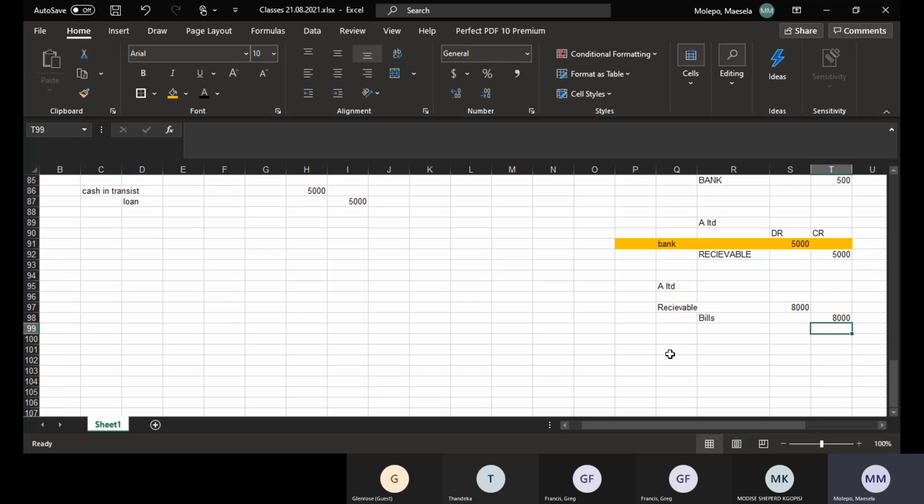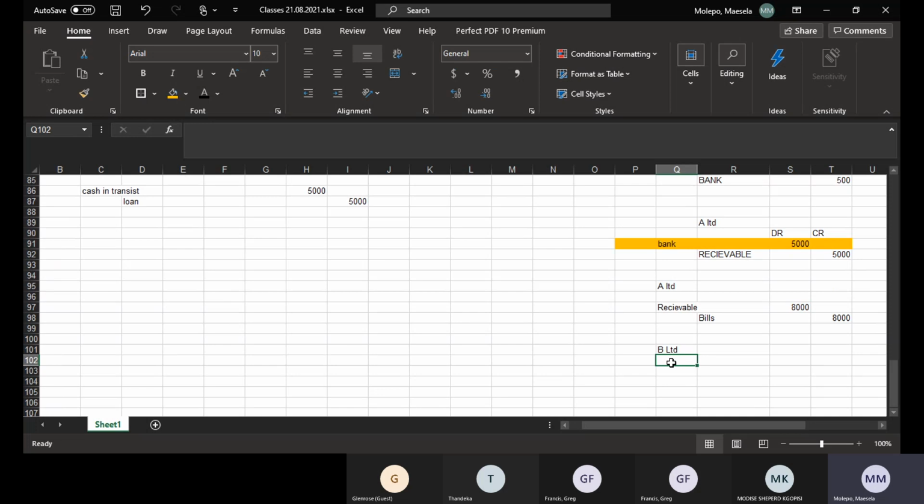And then on B Limited, we'll have the expenses, because he's still going to incur the expenses.